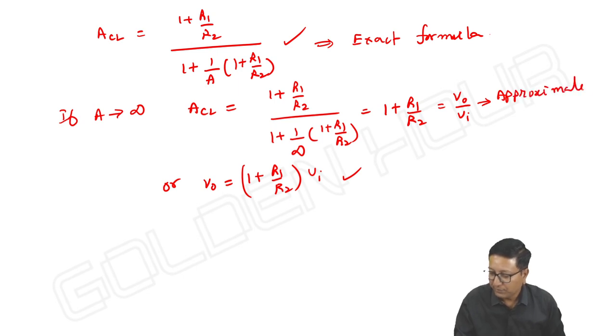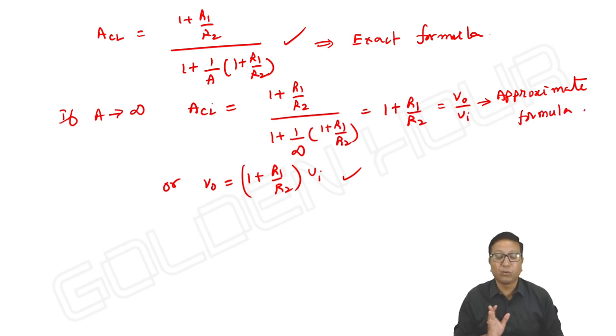The approximate formula we are getting by assuming the open loop gain as infinity. Is it not so? And why is there not much difference in the result? Of course, the gain should be high. Instead of taking 10 power 4, 10 power 5, 10 power 6, if I take open loop gain as infinity, the closed loop gain formula looks very simple.